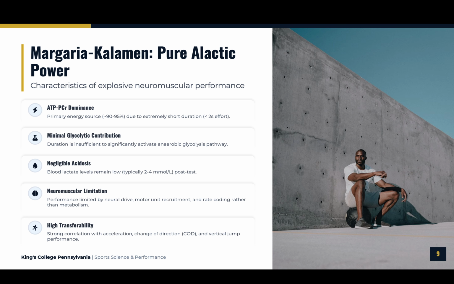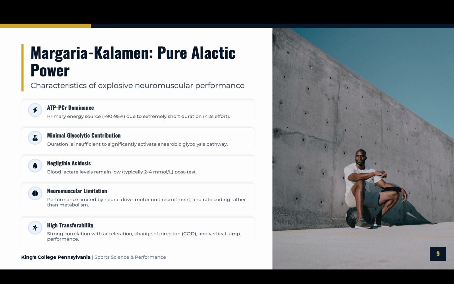The characteristic of the test is basically an explosive neuromuscular performance because it's ATP-PCr dominance. We already said it is 90 to 95 percent of the energy contribution. There's minimal glycolytic contribution because the duration is not sufficient.